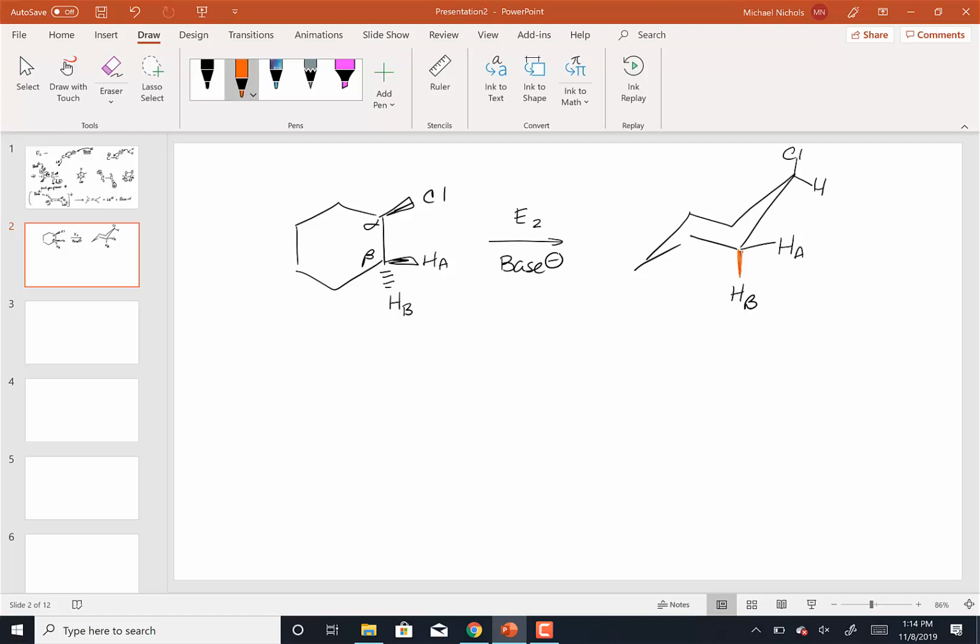So HB is anti-periplanar to the chlorine. And that means that for the base to be able to come in and grab a hydrogen, it can only grab HB because HB is the only one that is anti-periplanar.